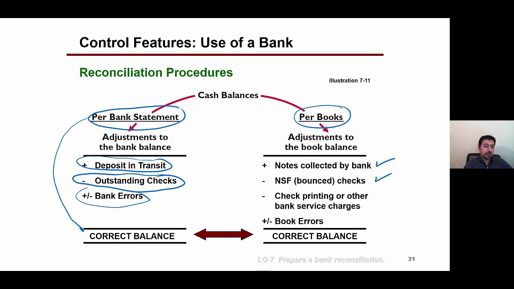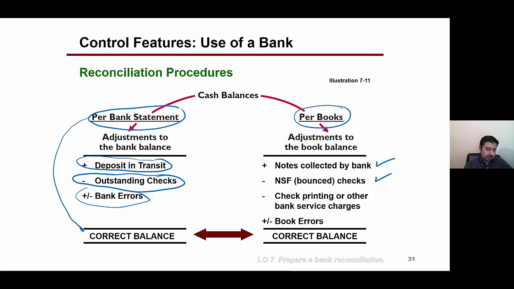Those are the checks that the company has received, not the checks that the company has issued. So when the company receives a check from a customer and that check bounces, the company will have to adjust the balance per books in order to deduct that amount from the cash balance, because at that point it recognizes that it did not actually receive the cash payment.